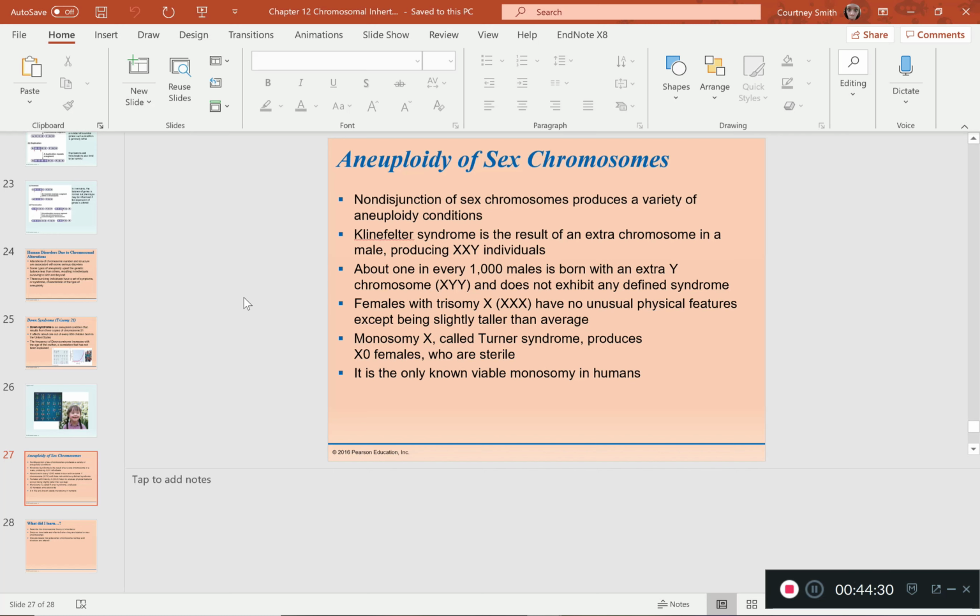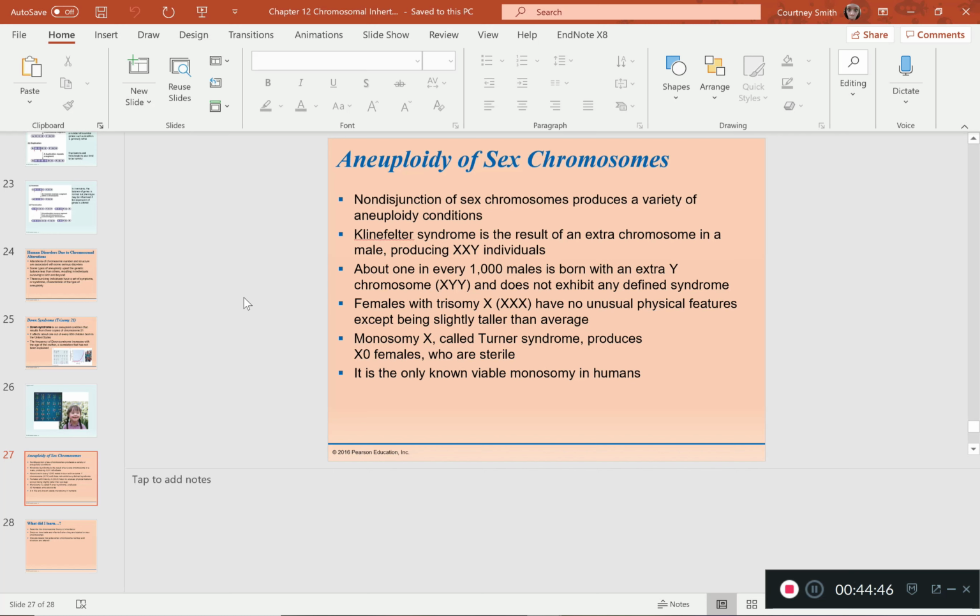And also, they may be a little bit taller than normal. These individuals are also infertile, and that's actually normally when they figure out that they have Klinefelter's.